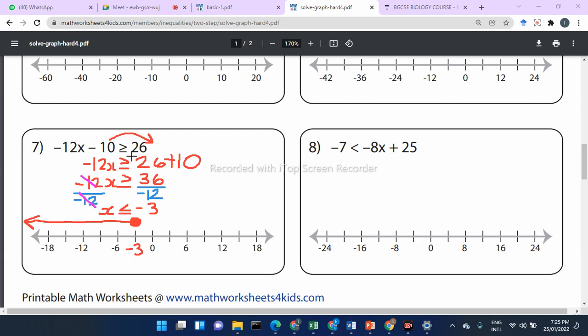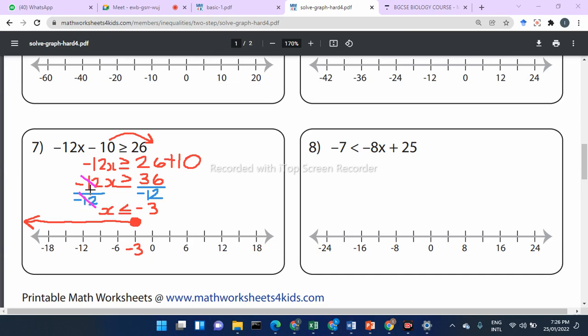Just to be clear, even if you don't have to switch the sign, you could. It depends on where you do your algebra problem. You would have to switch it or not, right? The greater than, less than sign. You always switch it when you're dividing by a negative number.